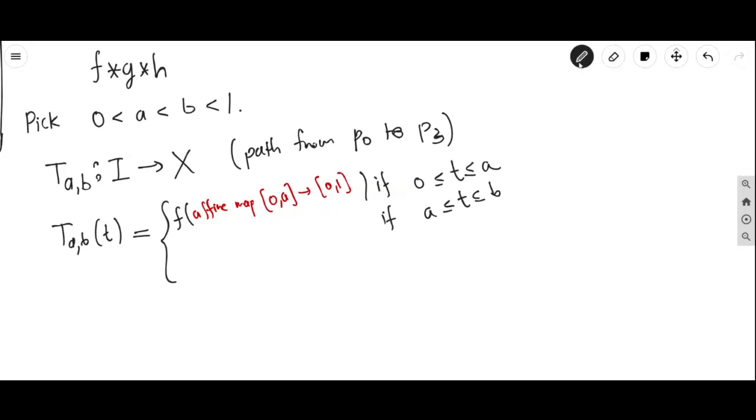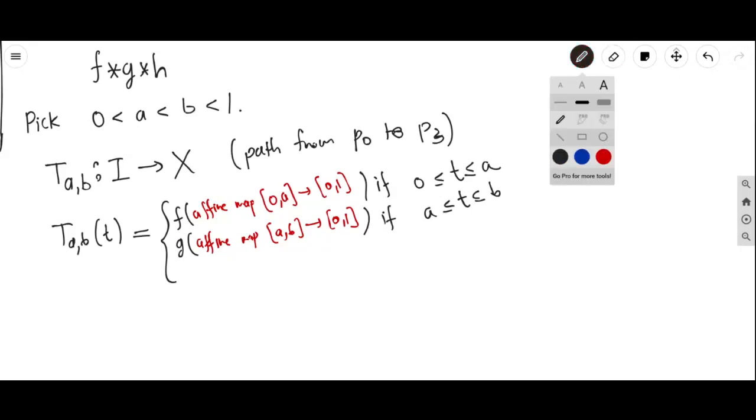So I'm just going to say that this is G, and you just have to find whatever is the affine map between A and B that takes you to 0, 1. It always has to take you from 0 to 1 because each of these path functions is defined from 0 to 1. So you always have to properly rescale everything.